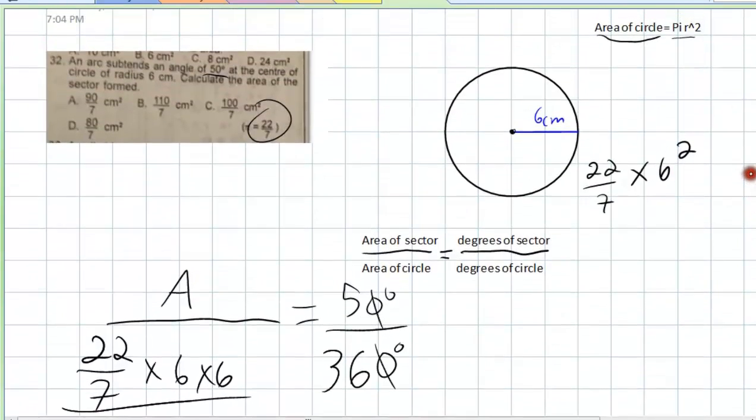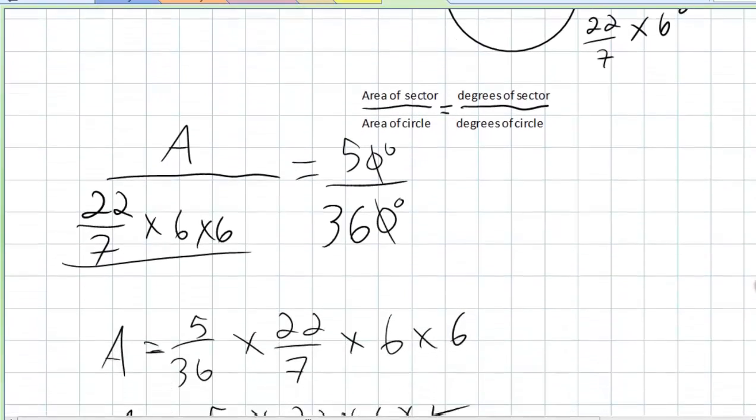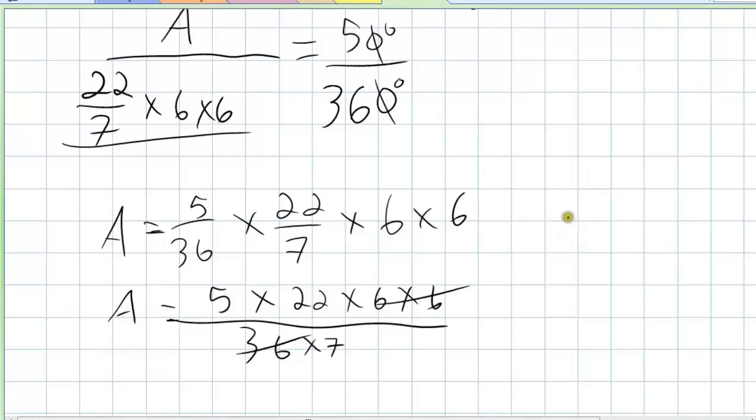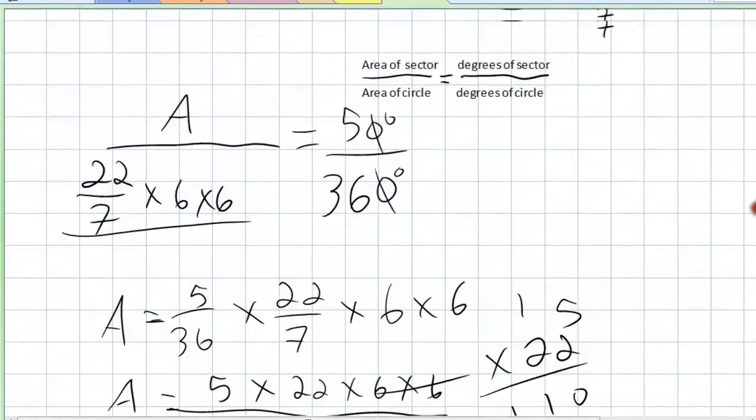If you'll notice, the answers that they give us are all over 7, so I'm not going to have to simplify that far down. Let's just figure out what 5 times 22 is. It's 110, so 110 over 7, and that's the area of our sector.